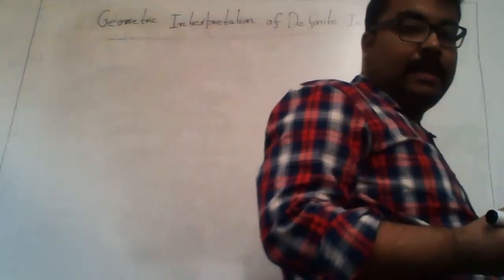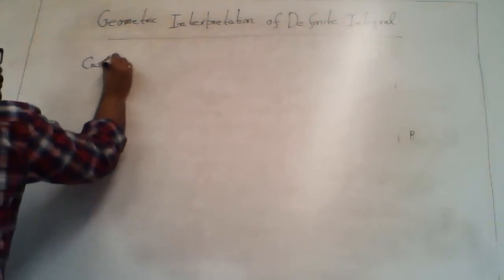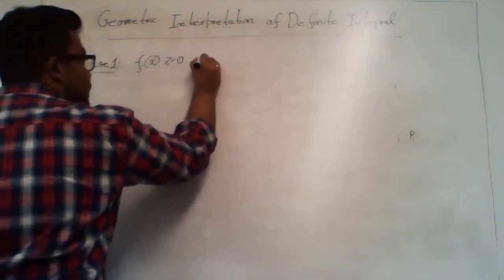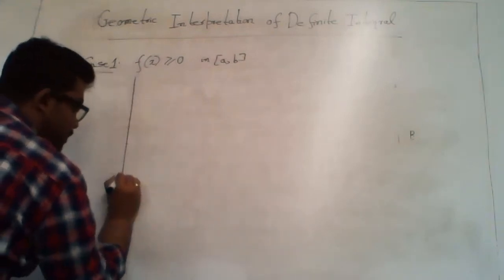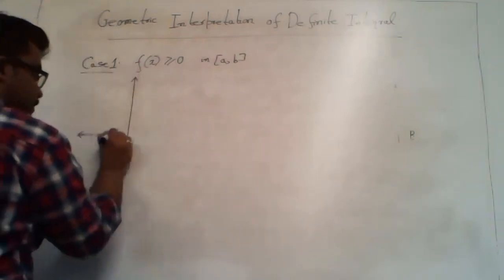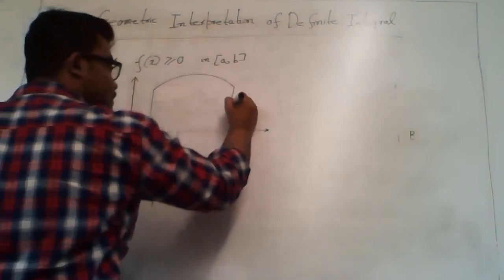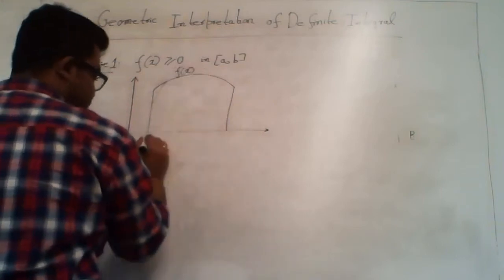So I have two cases here. First of all, I consider the case when the function is always positive, that is f(x) is greater than 0 in the interval [a, b]. So I am drawing the figure here. This is my f(x), this is my interval ab.